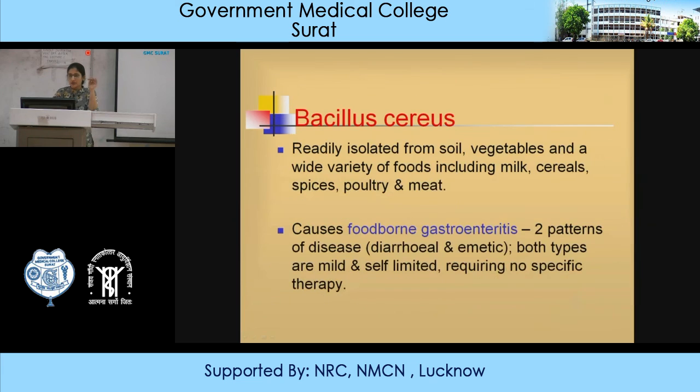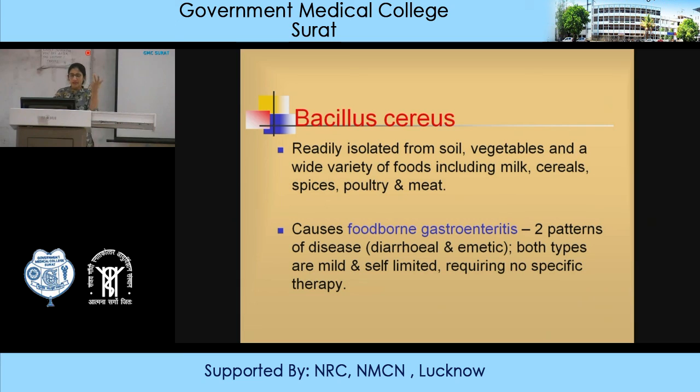The important species of anthracoid bacilli is Bacillus cereus. Why is it important? Because it produces food poisoning, with pathogenicity similar to Staphylococcus aureus. It is a foodborne gastroenteritis, and they produce two patterns, emetic type and diarrheal type.